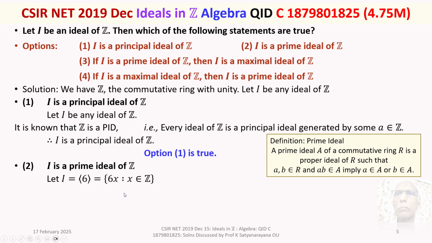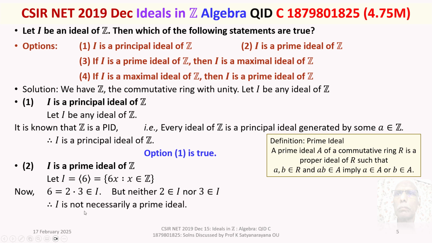The product 2 times 3 belongs to I because 6 belongs to I. But 2 is not a multiple of 6, therefore 2 is not in I. 3 is not a multiple of 6, therefore 3 is not in I. So neither 2 belongs to I nor 3 belongs to I. Therefore, I is not necessarily a prime ideal. Therefore, option 2 is not true.